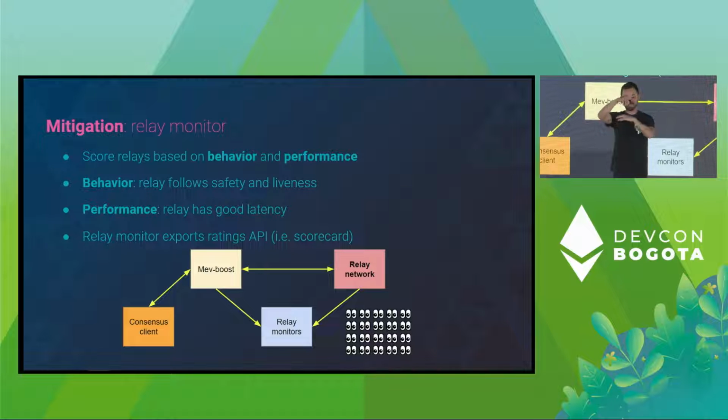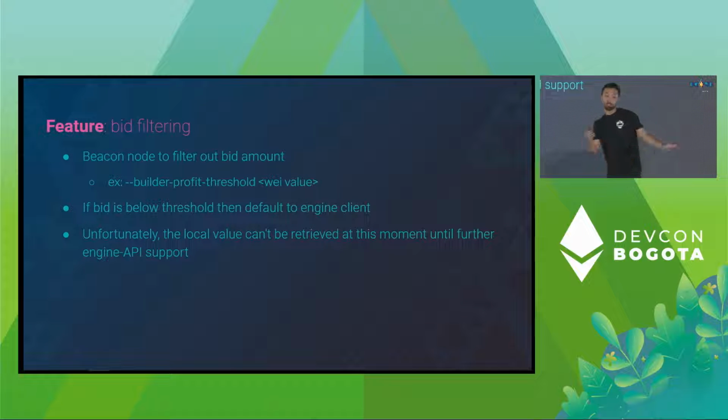People can see how the relays are performing, and figure out, based on that, do I want to connect to the relay? So it just makes the information more available. Then we have features like bid filtering. As a proposer, you can say, hey, I only want to use a relay if they give me something that's over this value, right? So there's some nice things you can do there.